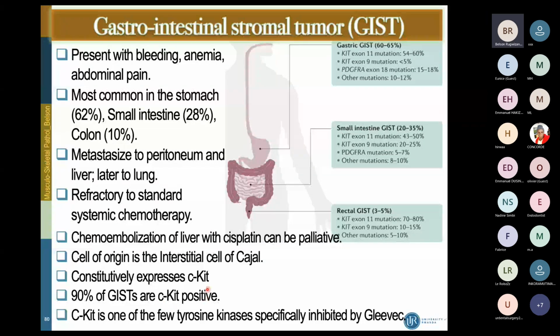So abafite iyi mutation rero iyo tubibonye bahabwa umuti witwa Grivec, because this c-kit is one of the few tyrosine kinases. So tyrosine kinase pathway yo muri cell signaling, uyu muti Grivec akazi gakomeye arakagira.